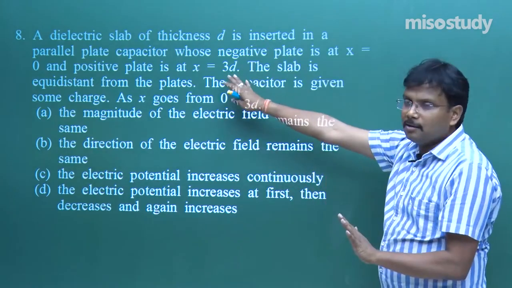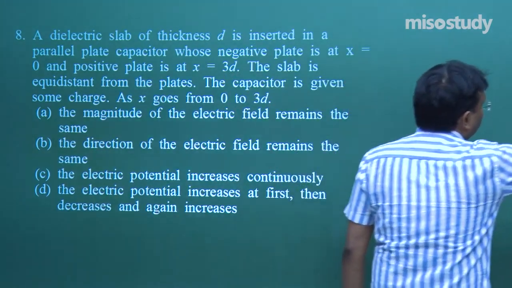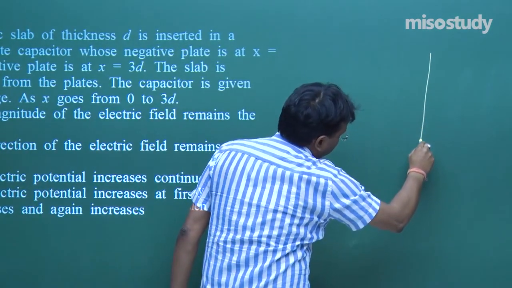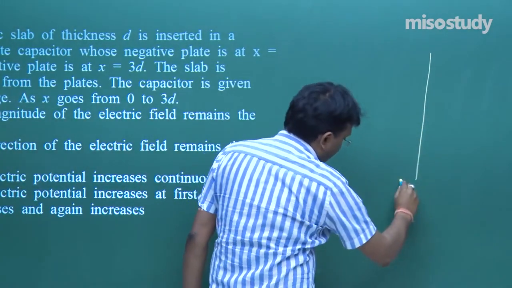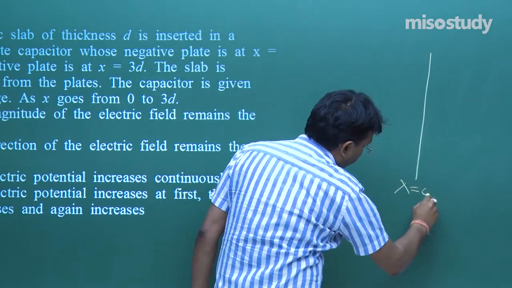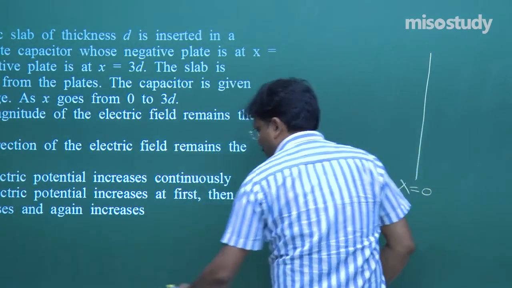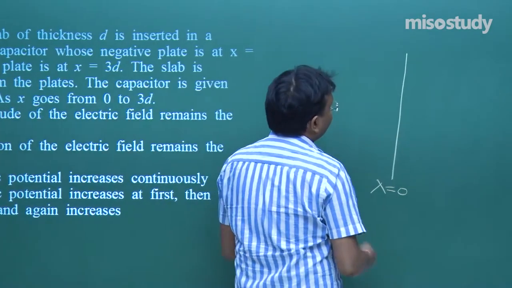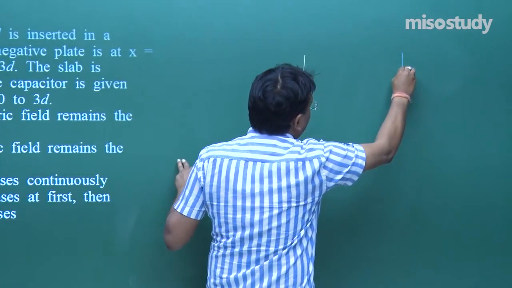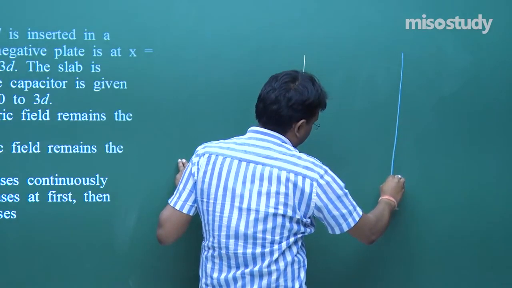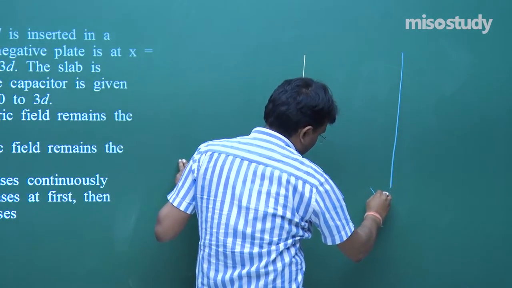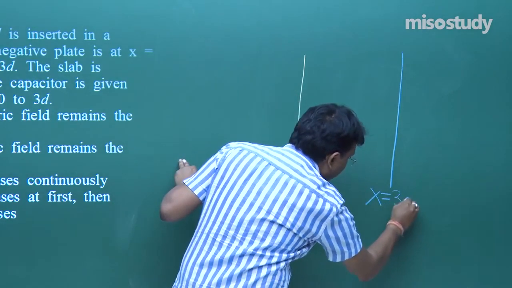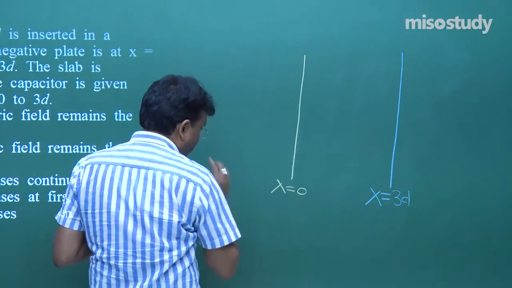Let us draw the diagram over here. This is, let us say, x equal to 0, and let us use different color chalks, and this is x equal to 3d.